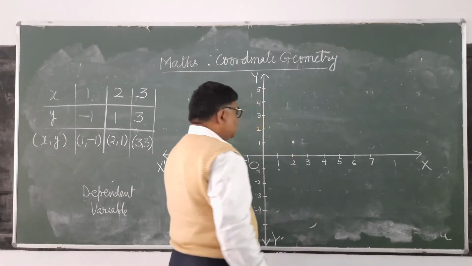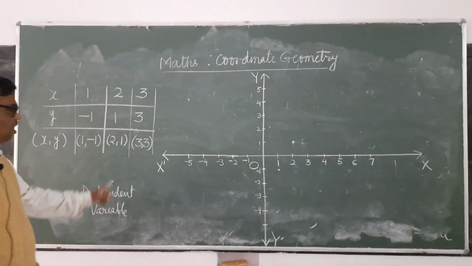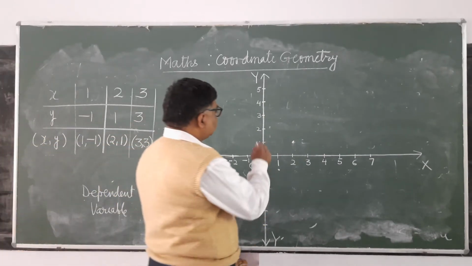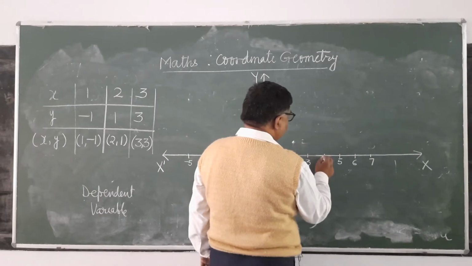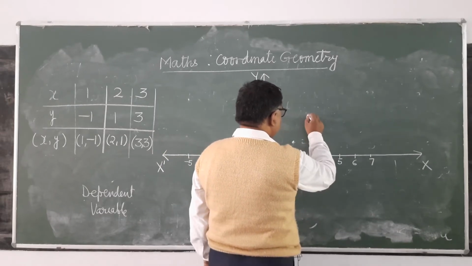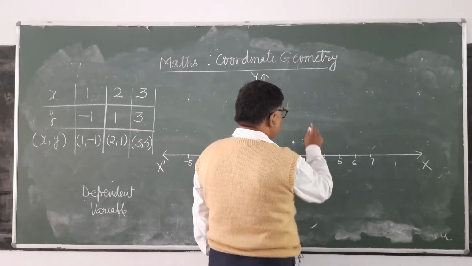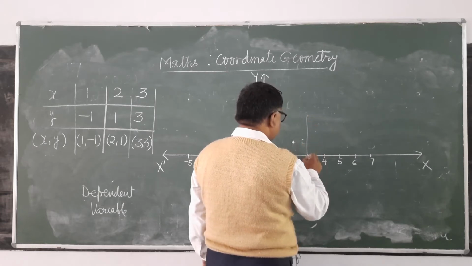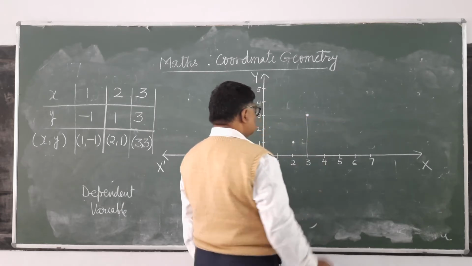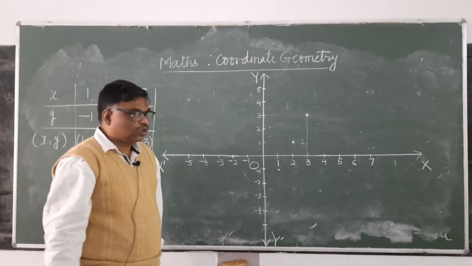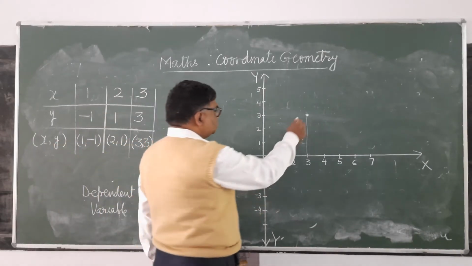Is it clear? Then 3 comma 3 will be here. Now if you join these points, you will get this.